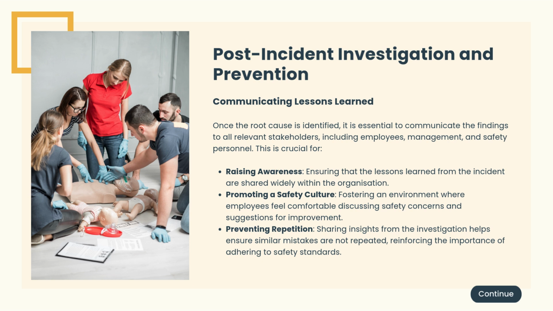Promoting a safety culture, fostering an environment where employees feel comfortable discussing safety concerns and suggestions for improvement. Preventing repetition. Sharing insights from the investigation helps ensure similar mistakes are not repeated, reinforcing the importance of adhering to safety standards.